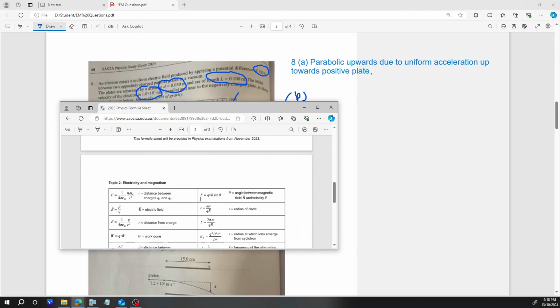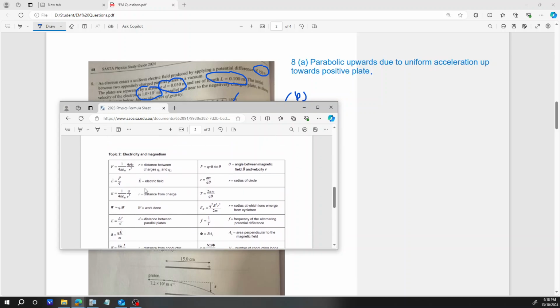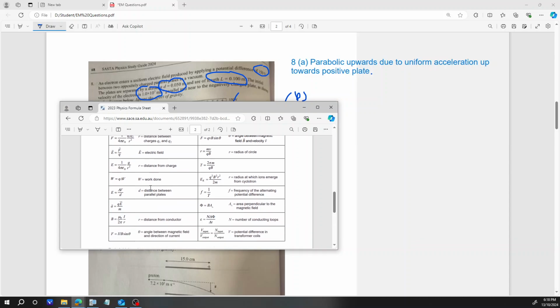So, magnetism. E equals V on d. We go down that path and then work out the force, and then work out the acceleration.